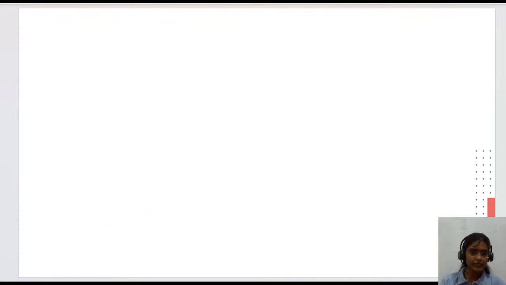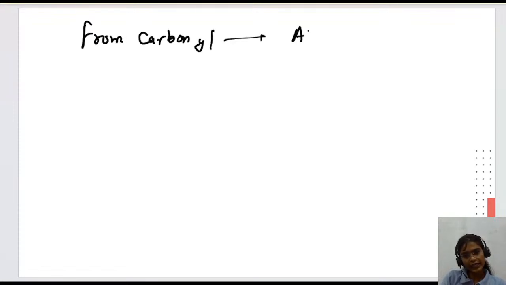Okay, so let's just start with the first one. We are going to use three things: aldehyde, or ketone, or carboxylic acid. So from the carbonyl topic, we are going to use aldehyde, and then ketone, and then acid.